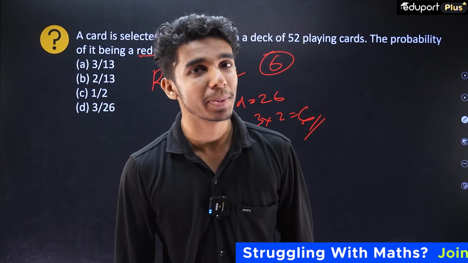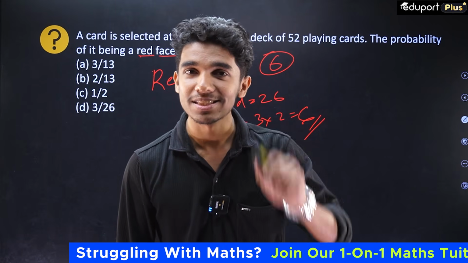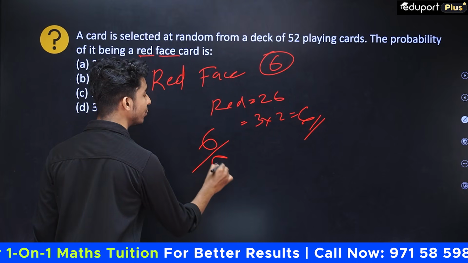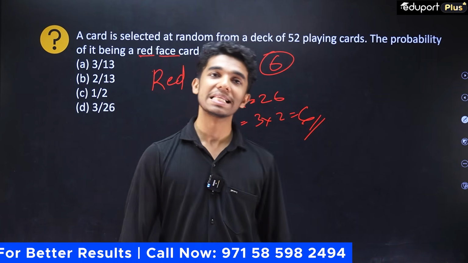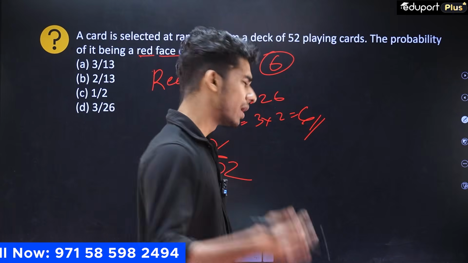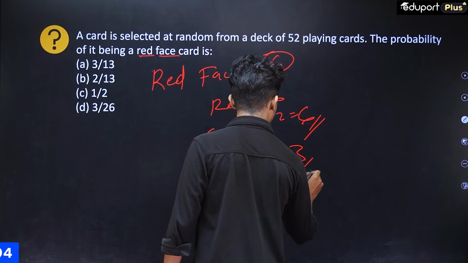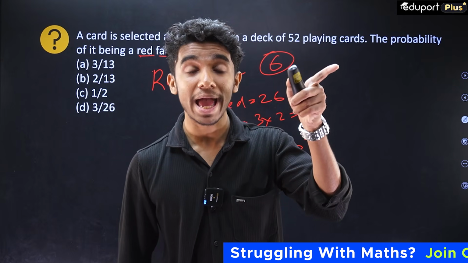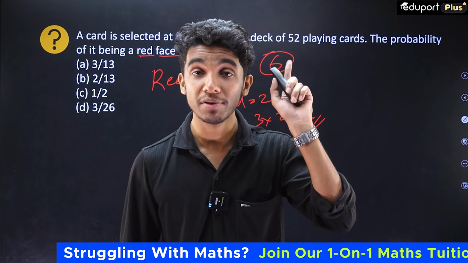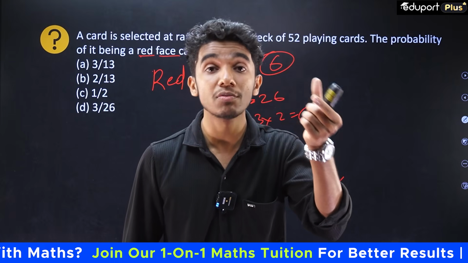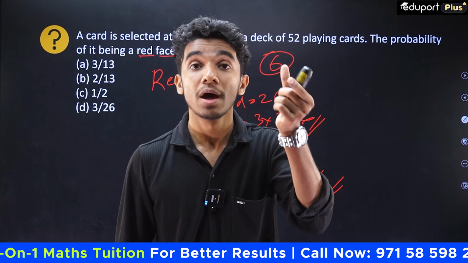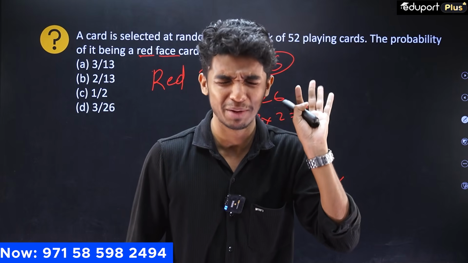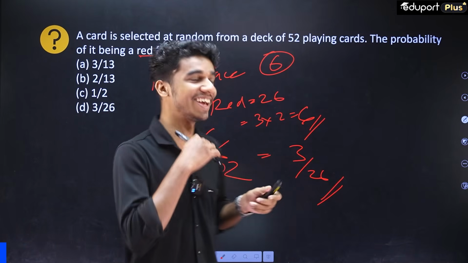So our favorable number of outcomes is 6, under the total of 52 cards. The answer is 6 divided by 52, which you can cut down to 3 divided by 26. What we have done is figure out our favorable number of outcomes.